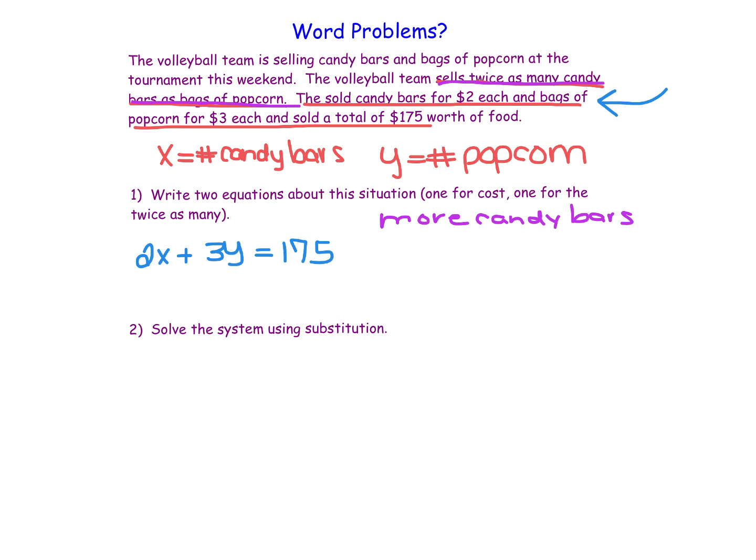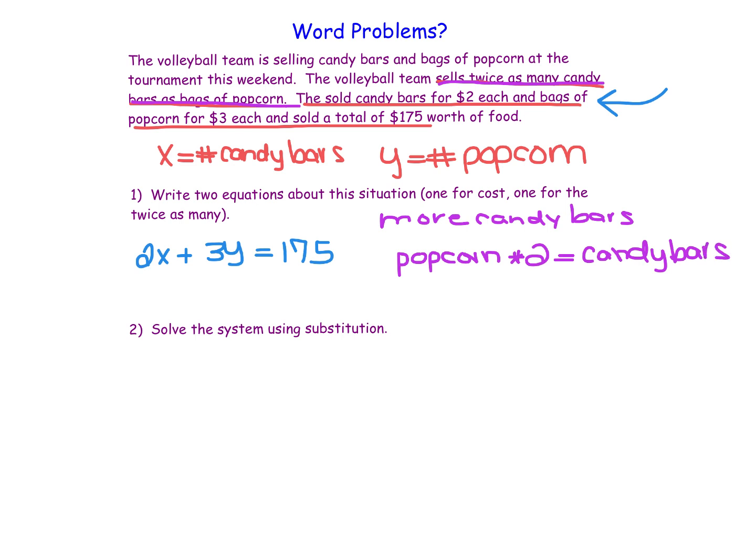And what I'm noticing is that however many candy bars I sold, it is 2 times as many as the popcorn. Or, however many popcorns I sell, I'm going to take that, multiply it by 2 to make it twice as many, and that's how many candy bars I sold.